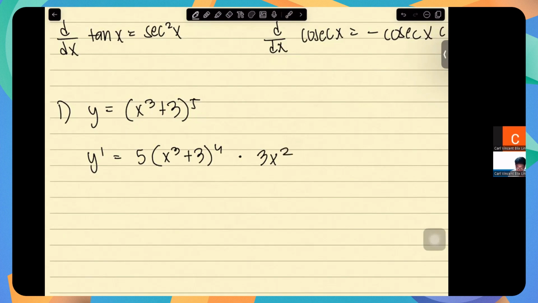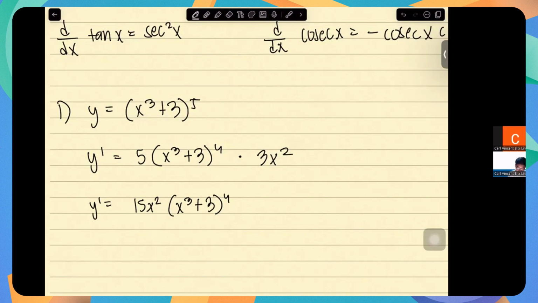Now after getting the derivatives, we can multiply them. So y prime is equal to 3x^2 multiplied by 5, that is 15x^2, times (x^3 + 3)^4, and that is our final answer.